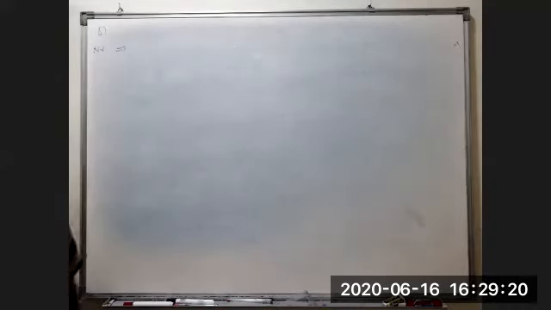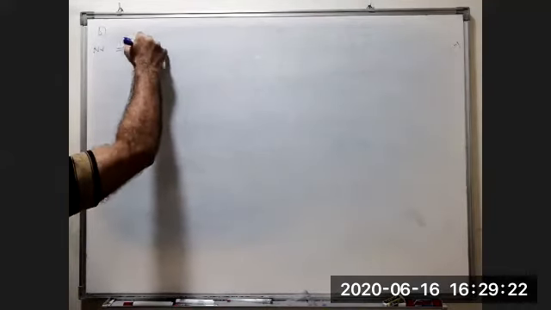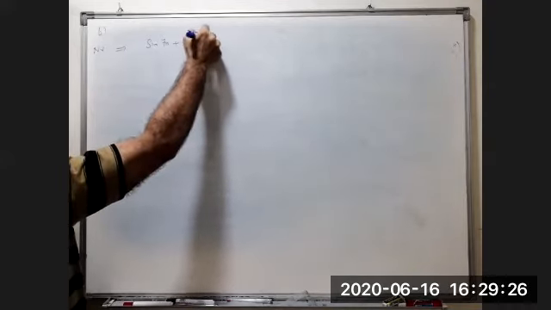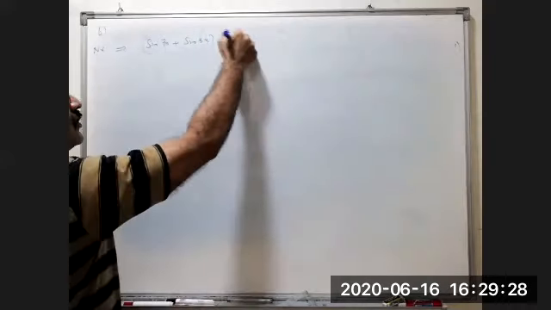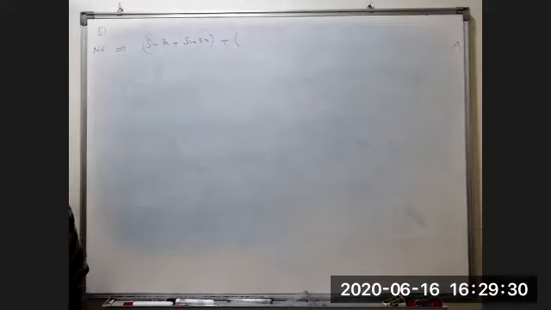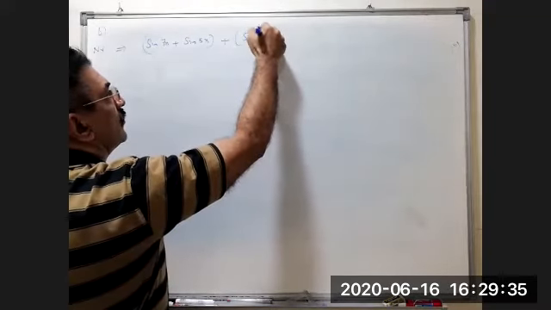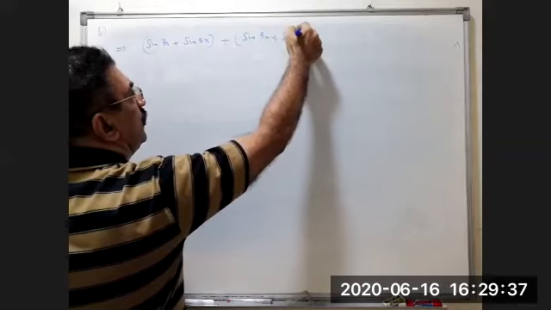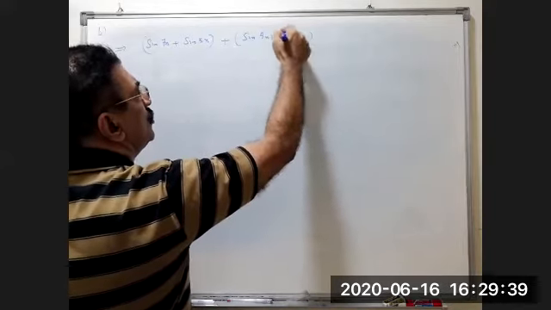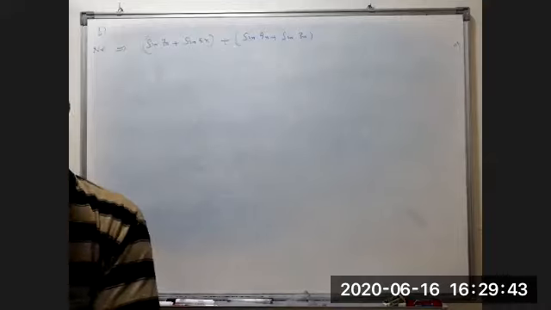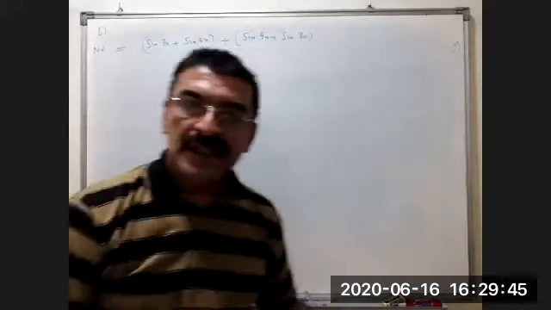Numerator is sin 7x plus sin 5x plus sin 9x plus sin 3x. It's only grouping. Similarly, the denominator also you can see.